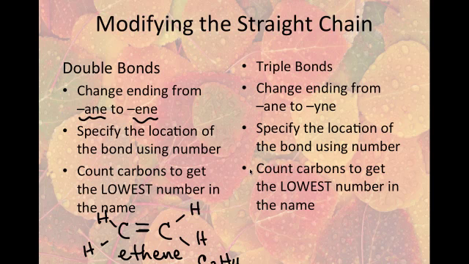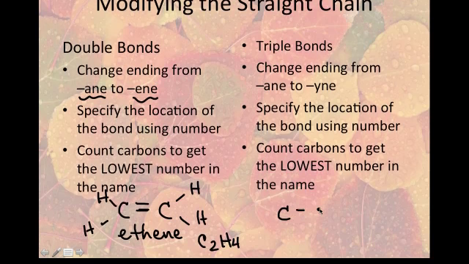We would also specify the location of the bond using a number. With ethene, there's only one place where the double bond can go. But suppose we had something bigger than ethene, like, let's use butane. There's butane.